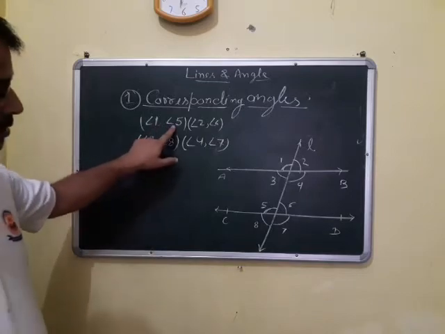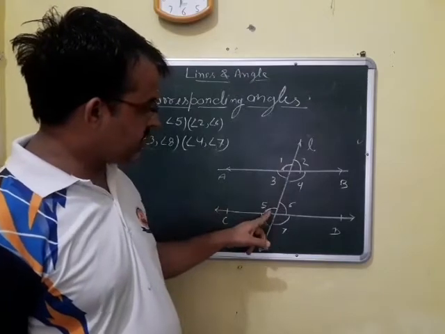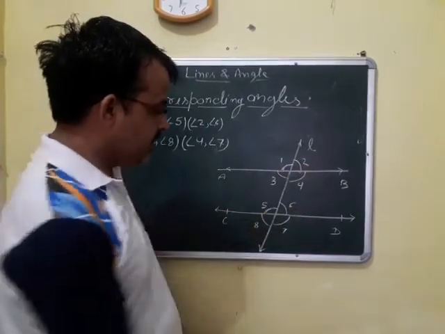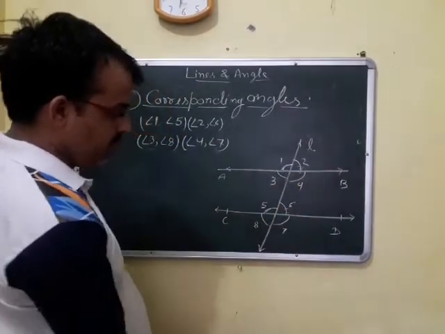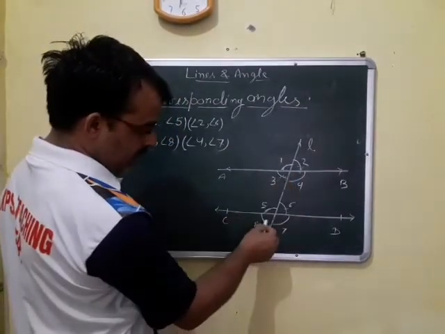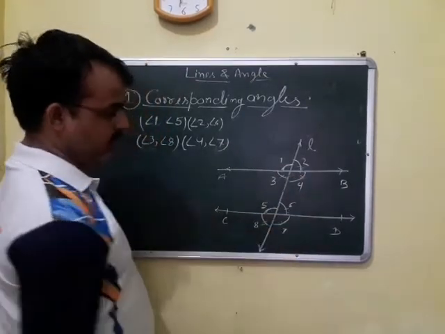Angle 1, angle 5 are the corresponding angles. Angle 2, angle 6 corresponding angles. Clear? Angle 3, angle 8 is corresponding angle. Angle 4, angle 7 are the corresponding angles.